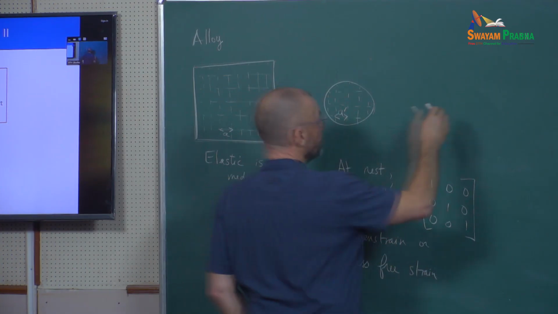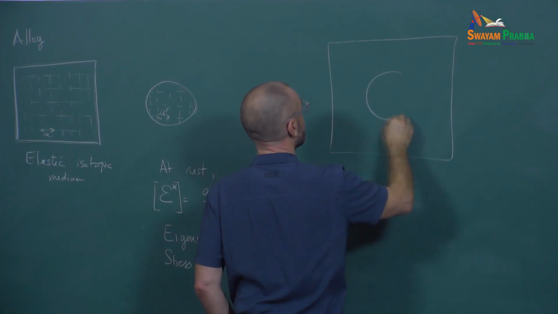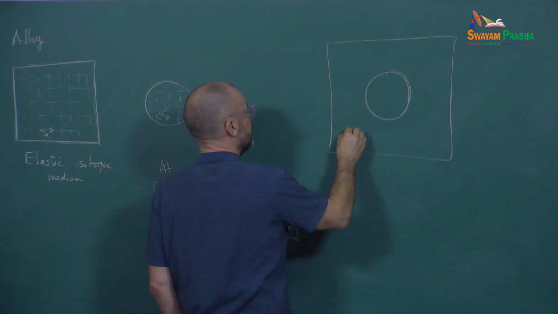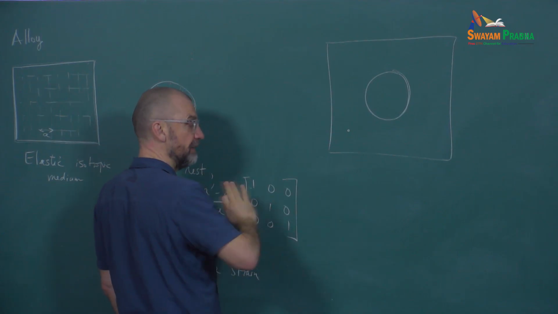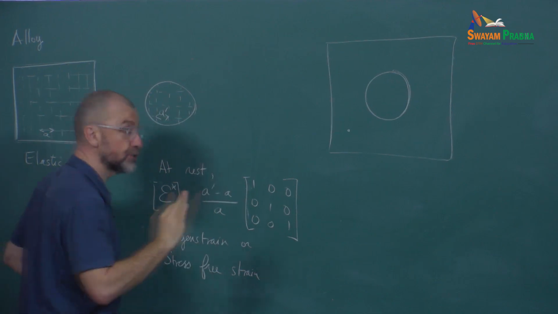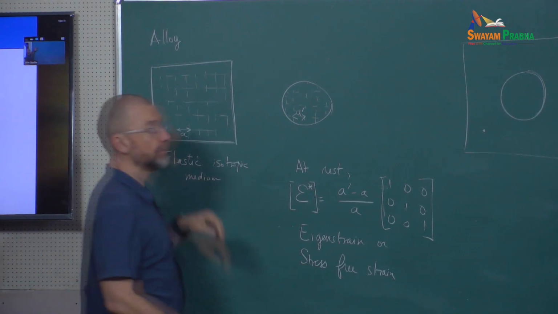Because now if I put both together, I have my matrix and I have the solid, the precipitate, inside. If there's no stress, the system here wants to have no strain because we took the matrix as the reference.